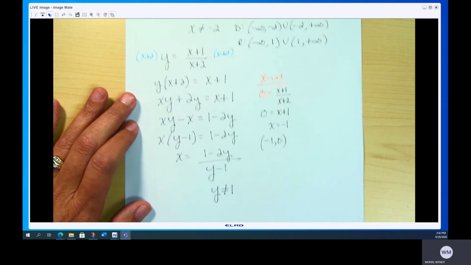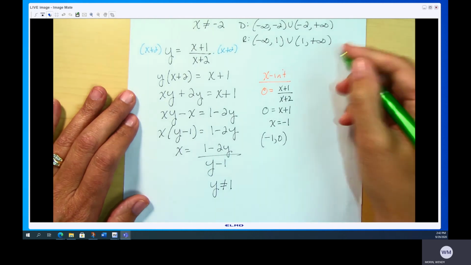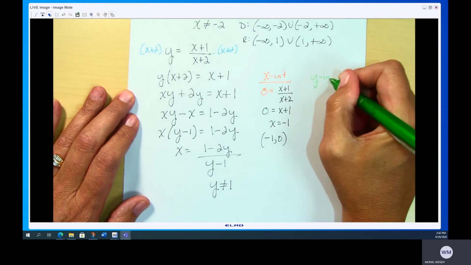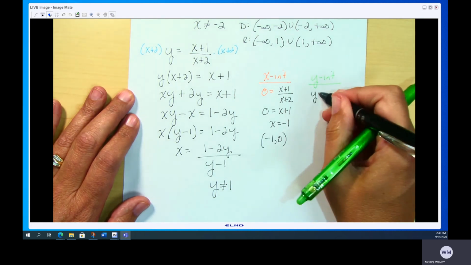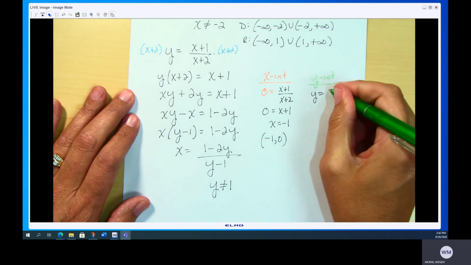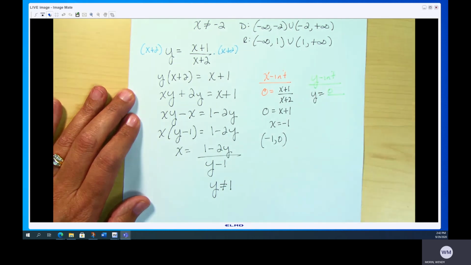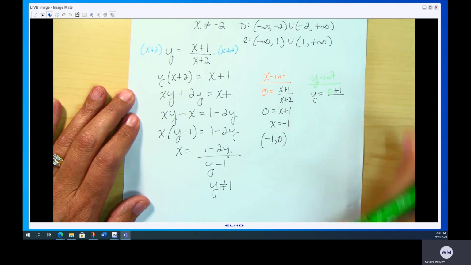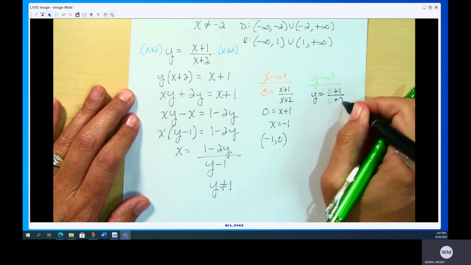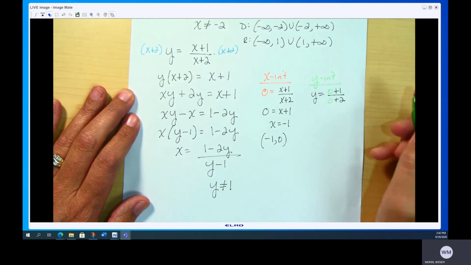Okay. For the y-intercept, that's when x is equal to 0. So y equals (0 plus 1) over (0 plus 2).